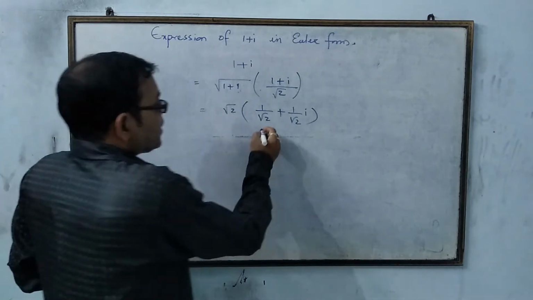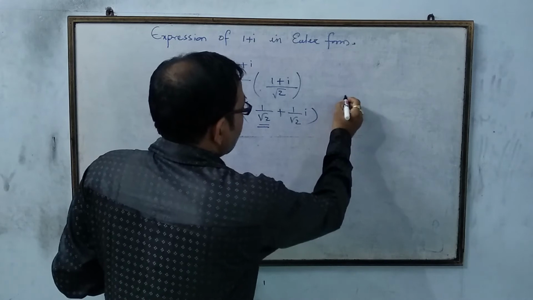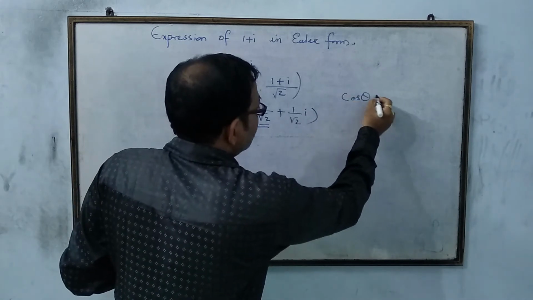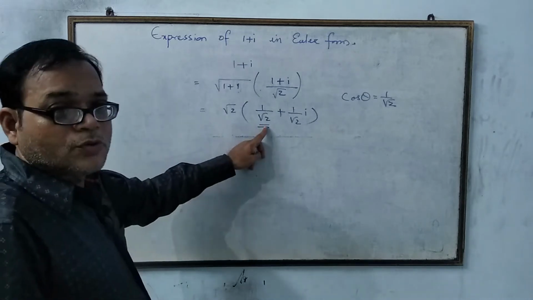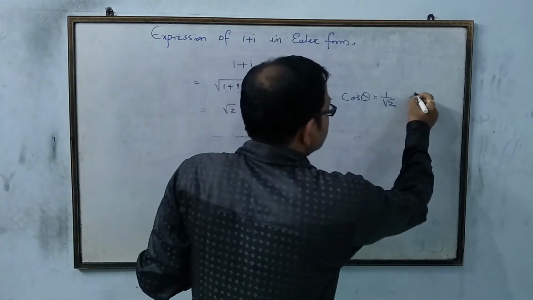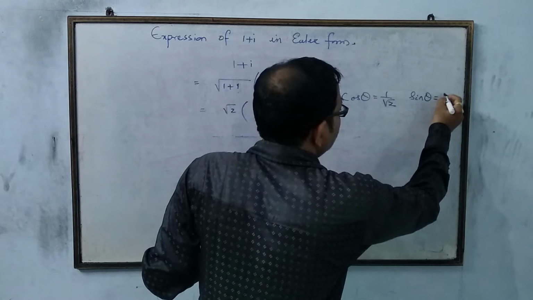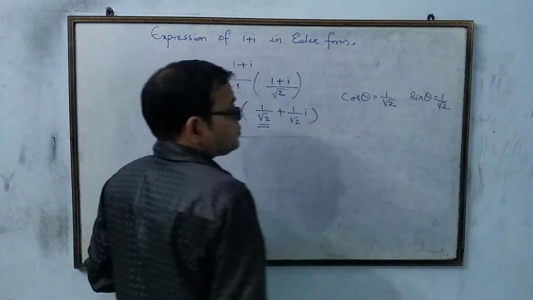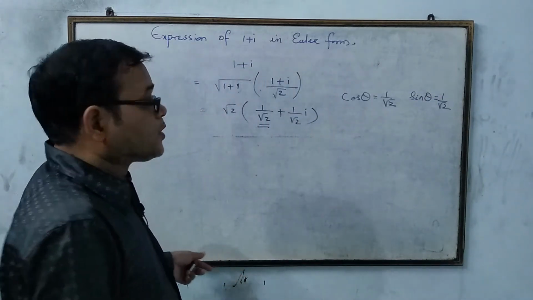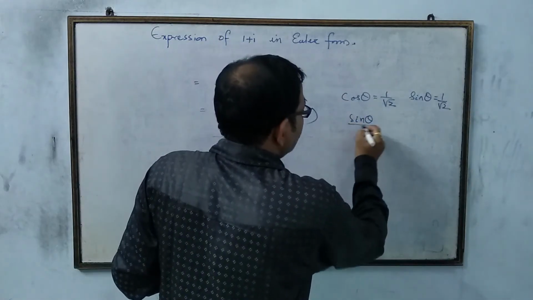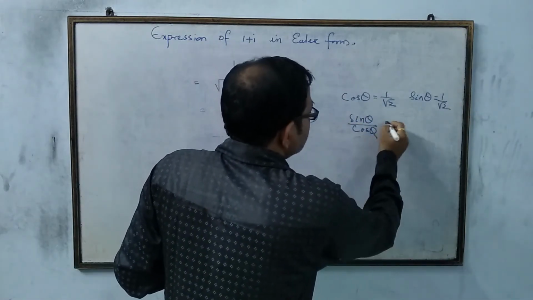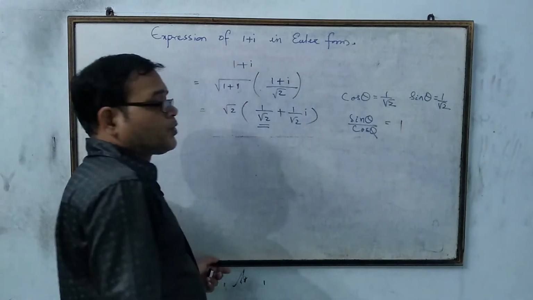You see, if this is your theta, and this is cos theta, you are getting 1 by root 2. Cos theta is 1 by root 2, and sin theta is also 1 by root 2. Then sin theta by cos theta is equal to 1 by root 2 divided by 1 by root 2, which is 1.